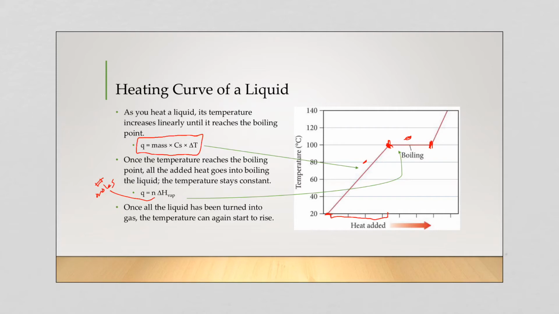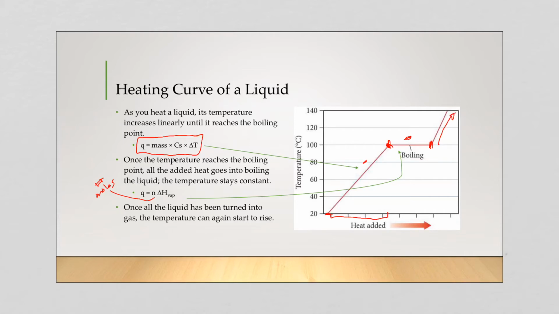And so for the flat portions, these are phase changes. No more temperature increase. All the energy is going into breaking intermolecular forces. Once the phase change is complete, so once I have only gas, now the temperature of that steam can start to rise again.